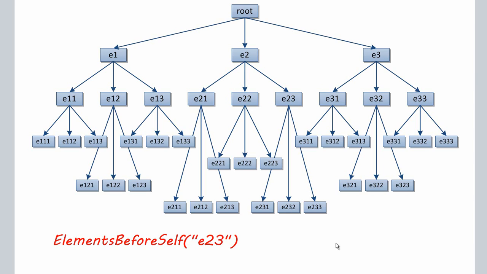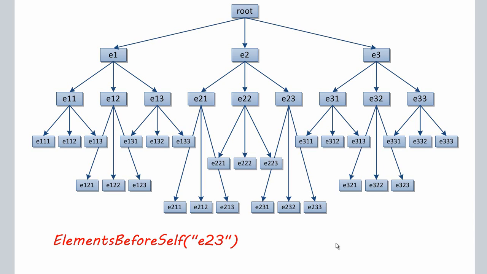So that means that if you use elements before self, let's say that you're on the E23 element and you want to find the element immediately preceding it, and you ask for elements before self, and then you take the last one, this is going to be a very slow process. This is not going to perform well, because if you have, for instance, 50 elements and you want to iterate through all of those elements and maybe filter each element based on the element immediately preceding it, then it's going to go fast for the first one.